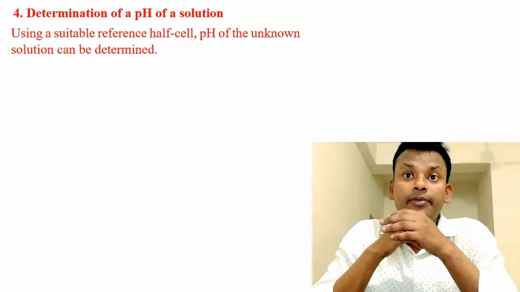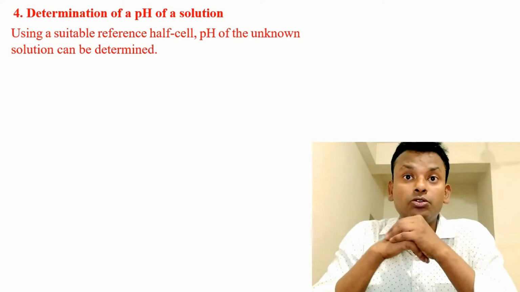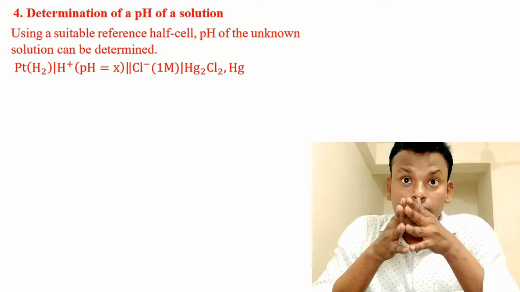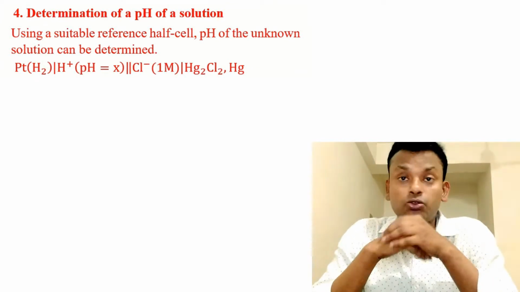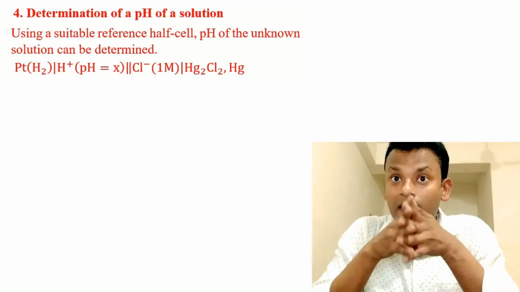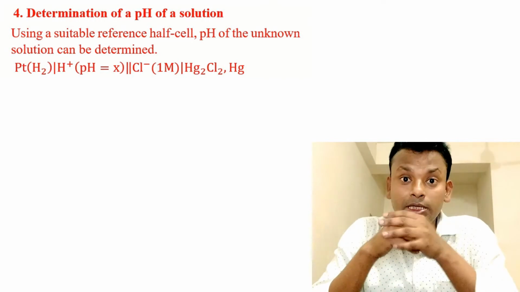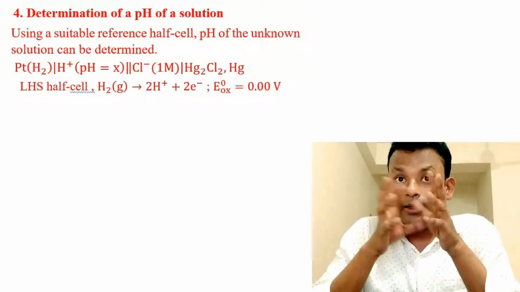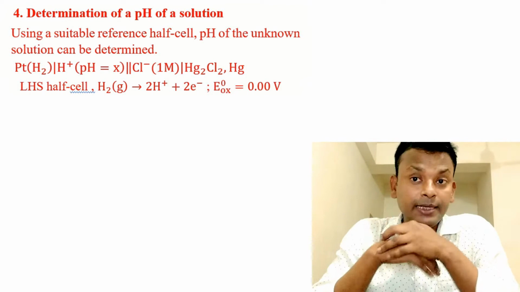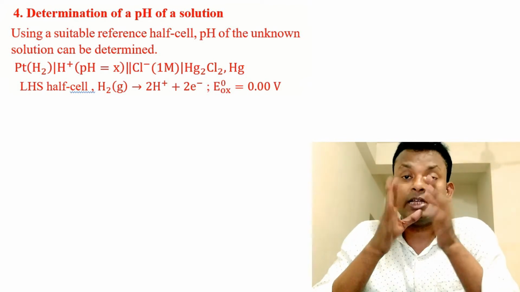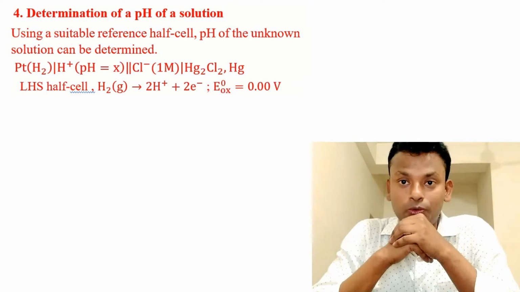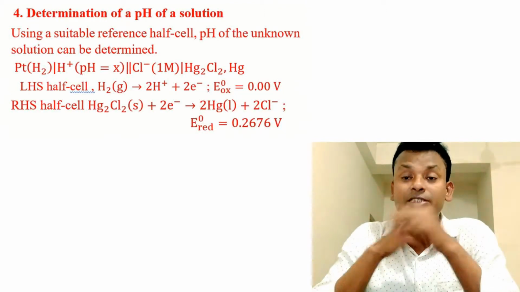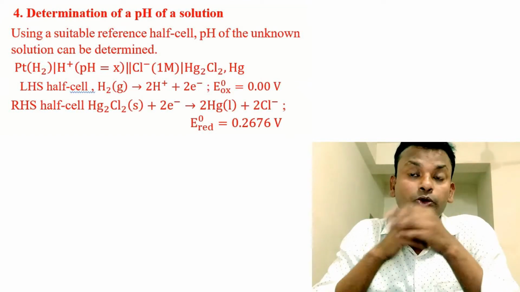Point 4. Determination of the pH of a solution. Using a suitable reference half cell, the pH of an unknown solution can be determined. This is the cell: Pt, H2, H+ (pH equals X), salt bridge, Cl- 1 molar, Hg2Cl2, Hg. Left hand side half cell: H2 gas gives 2H+ plus 2 electrons, that is E0 oxidation equals 0. Right hand side half cell: Hg2Cl2 solid plus 2 electrons gives 2Hg liquid plus 2Cl-.